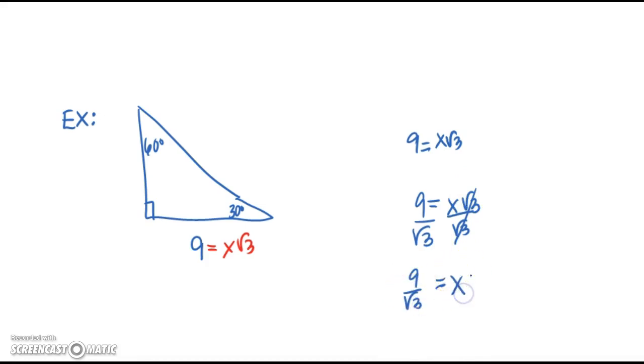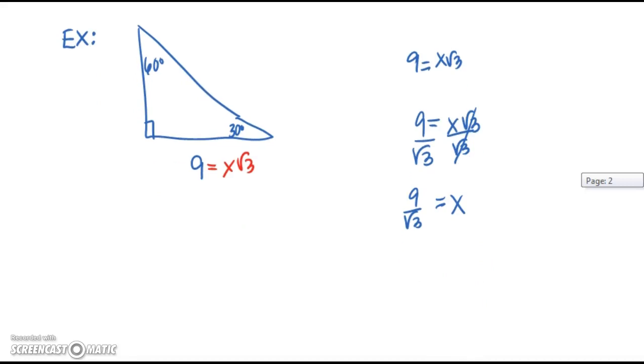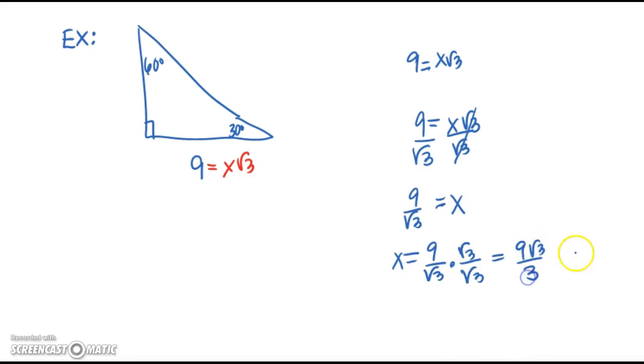And like the 45, 45, 90, you could keep the root in the denominator, but it's not considered simplified, so we can rationalize by multiplying the numerator and denominator by root 3. And you're left with 9 root 3 over 3. And the 9 and the 3 are compatible because they're both outside your root sign, so you can divide and get 3 root 3.